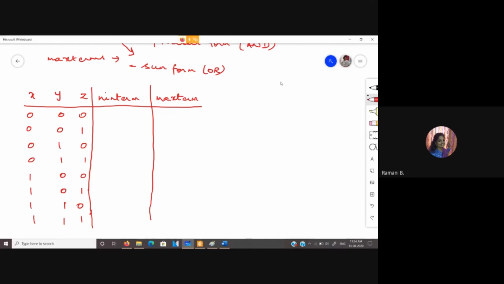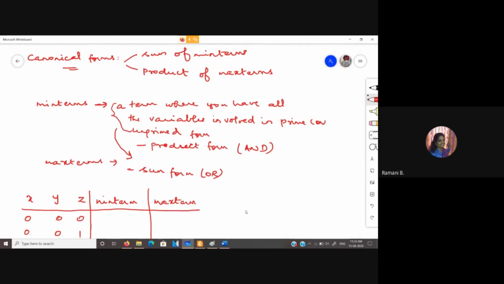In case of min terms, the variable in primed form has value 0 and the unprimed variable has value 1.